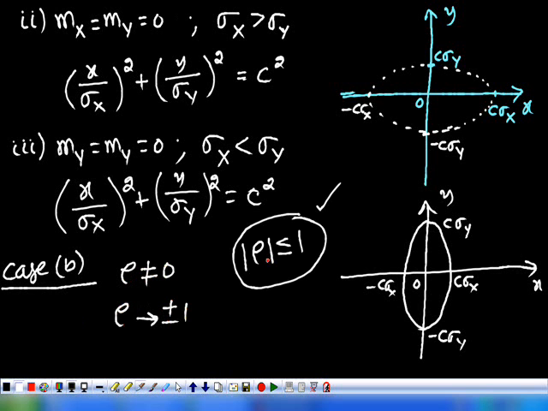Magnitude of rho is less than or equivalent to 1, or otherwise rho is lying in between minus 1 and plus 1. And also let sigma x, sigma y equivalent to 1. So in this case, what is the equation?